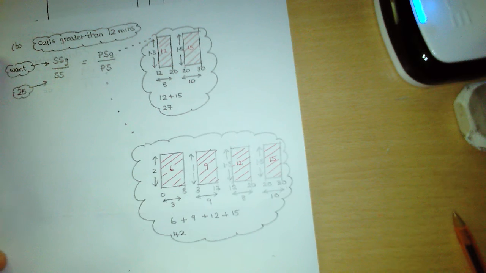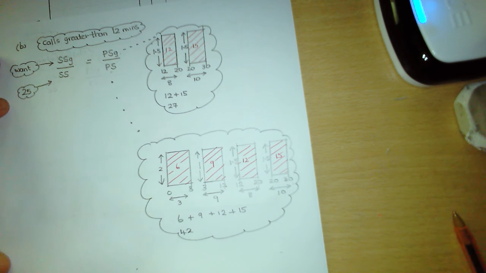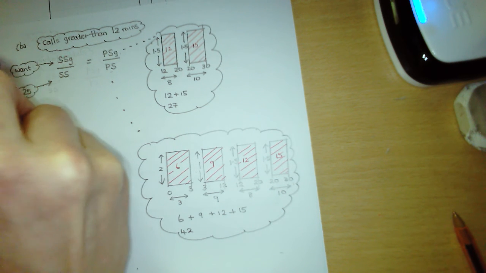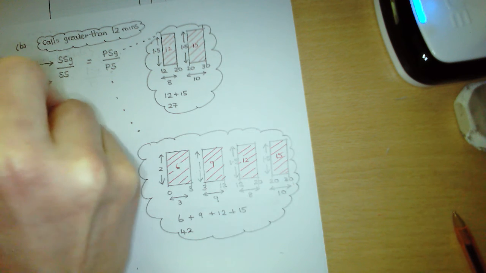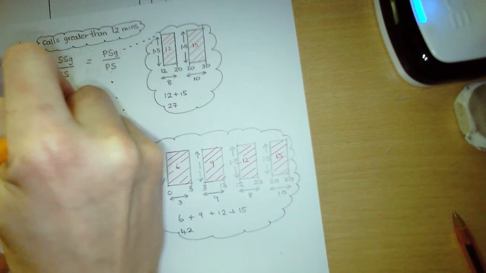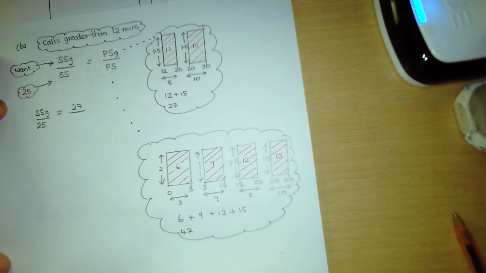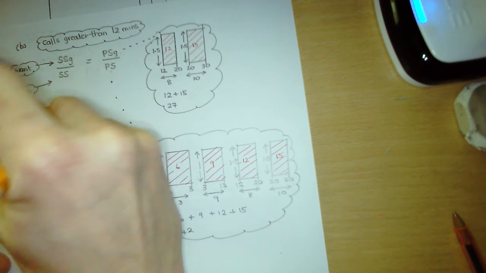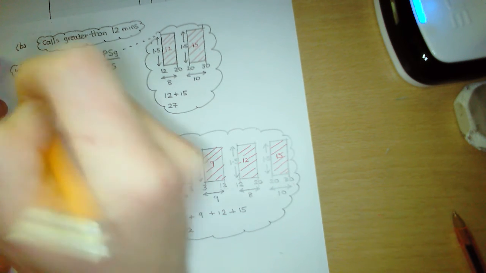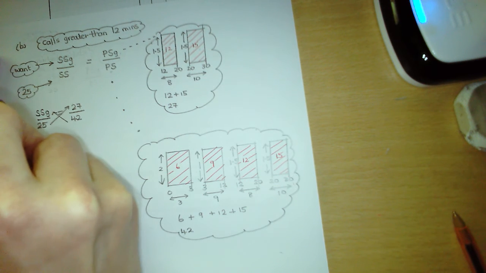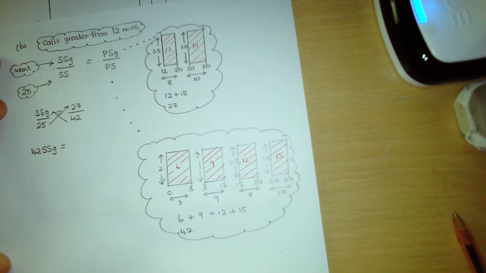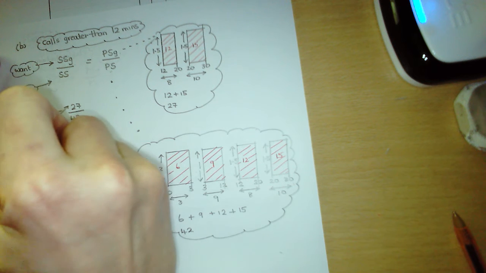So the hard work is done. We're now going to sub all the values in. So we've now got SSG over 25, and that's equal to 27 over 42. Easy maths, cross multiply. So we're going to get 42 SSG, and then we can go to our calculator. 27 multiplied by 25 is going to give us 675.